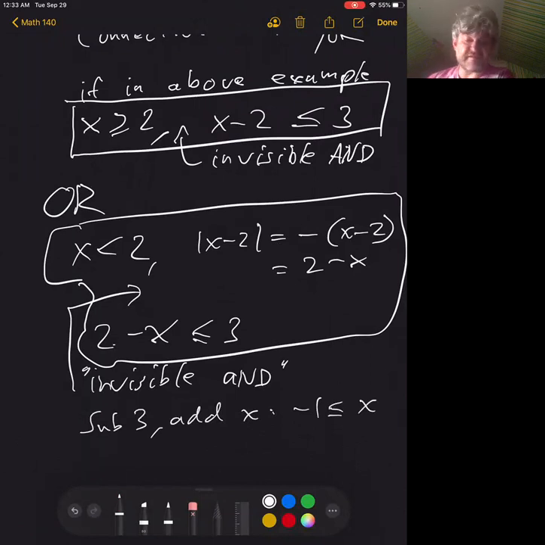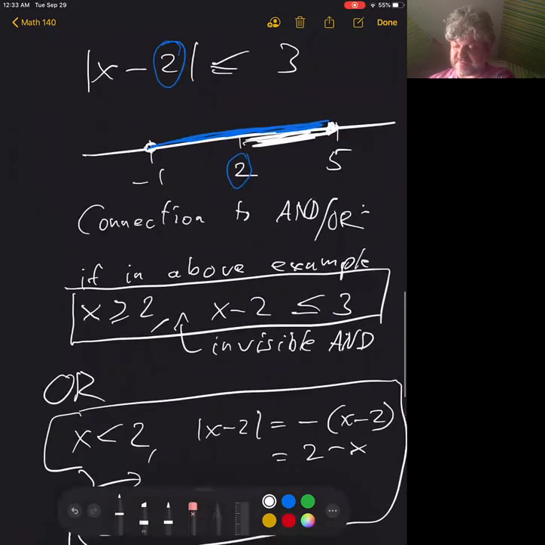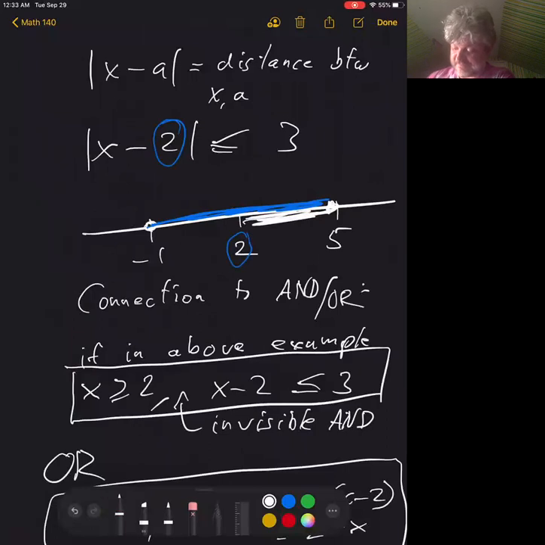Together with x less than 2, we have a compound inequality, minus 1 less or equal to x, strictly less than 2, which gives me the left half of the interval that I sketched earlier.